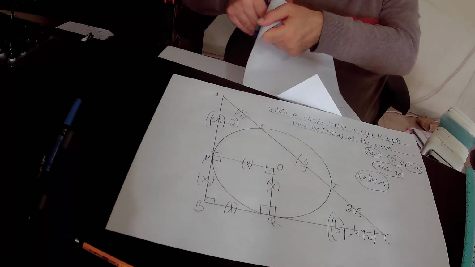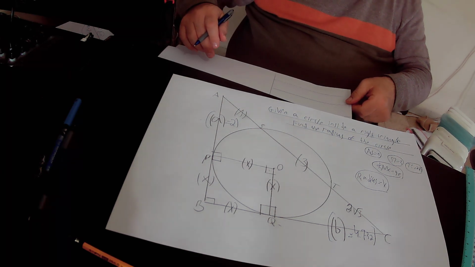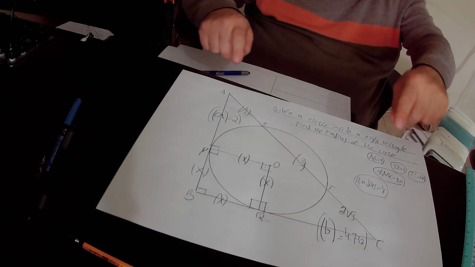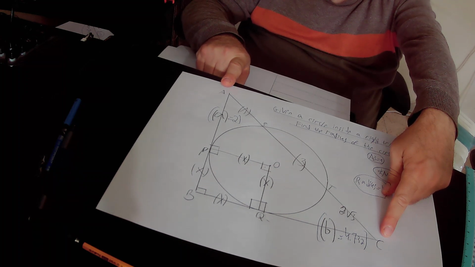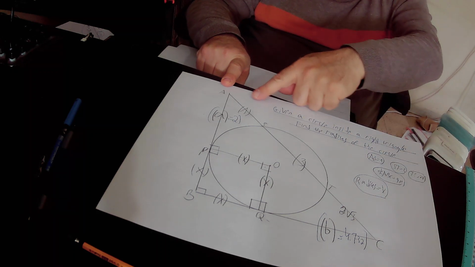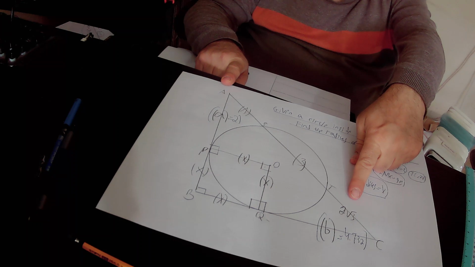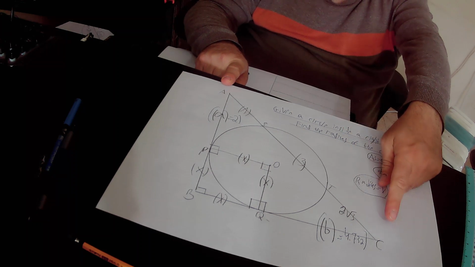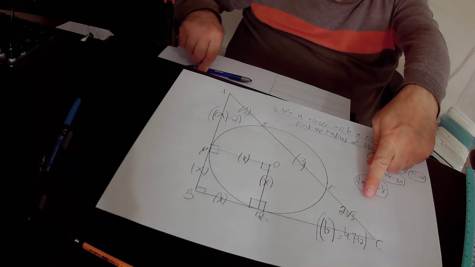So here, what is the length of the hypotenuse AC? AC in total equals 1 plus 3, that is 4, plus 2 times square root of 3. So in total AC equals 4 plus 2 times square root of 3.